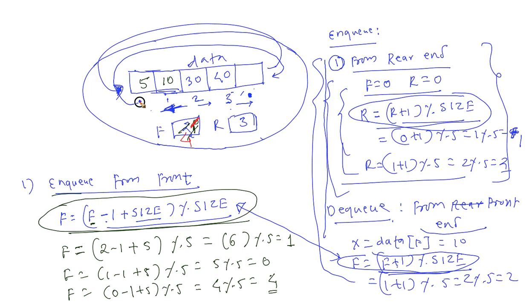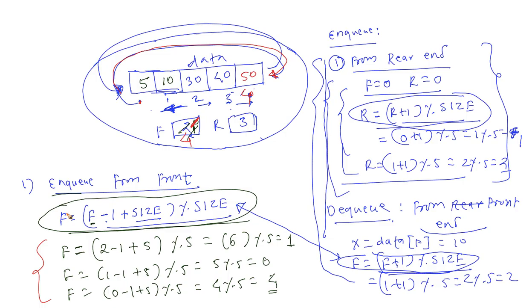That means f was 0, we were here, so we gave f the circular movement in the clockwise direction. Now f has become 4, and we will insert the new number on that location. This is location number 4, right? So that's how this formula works in case of NQ operation for a doubly ended queue using circular queue.